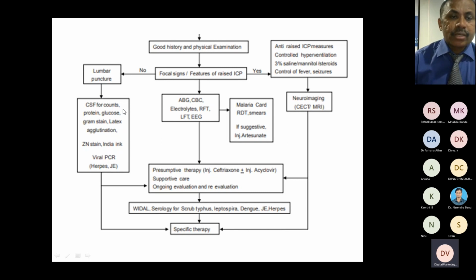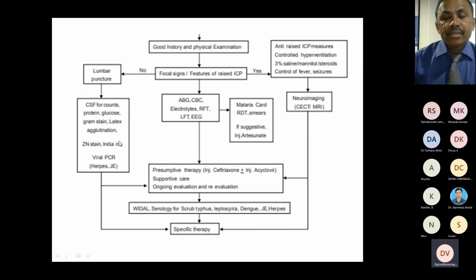So what would you ask for? The cell counts, protein, glucose, gram stain, latex agglutination, and then Ziehl-Neelsen stain, Indian ink stain, and viral PCRs for herpes and Japanese encephalitis.